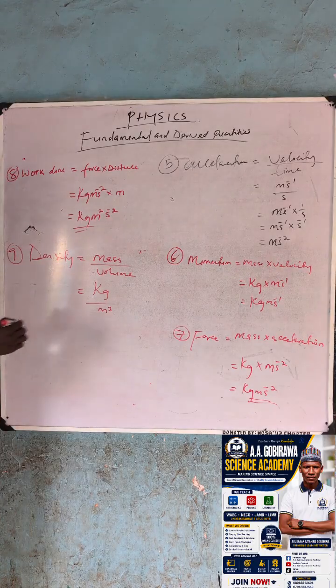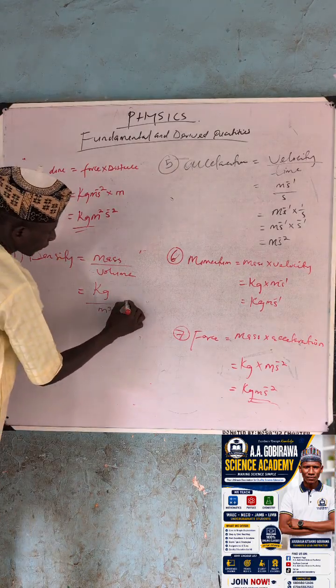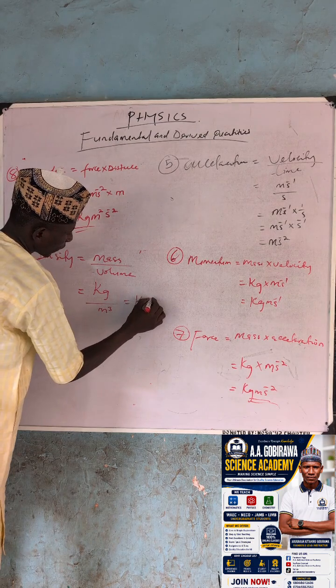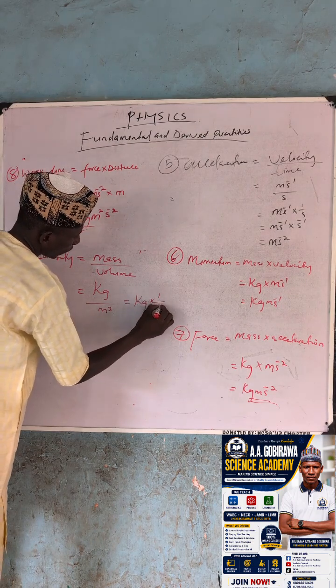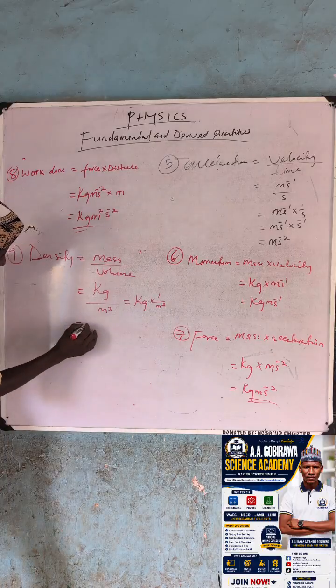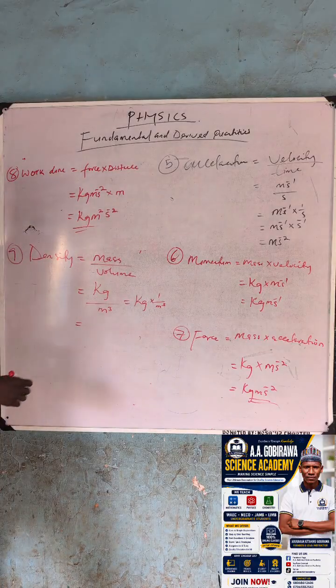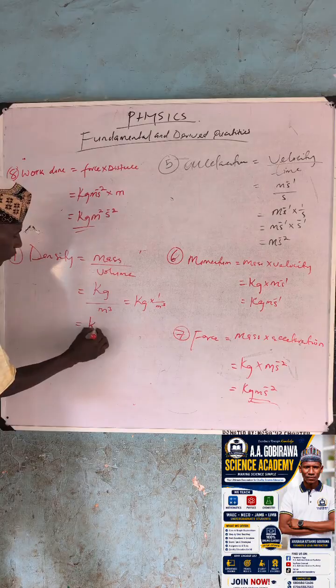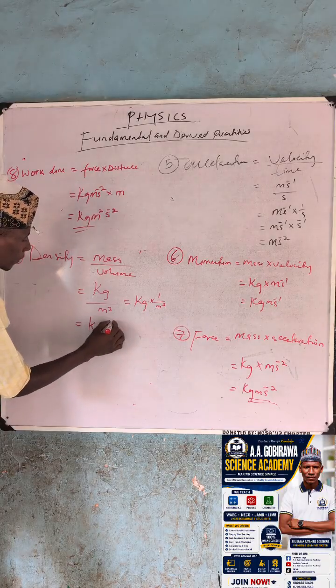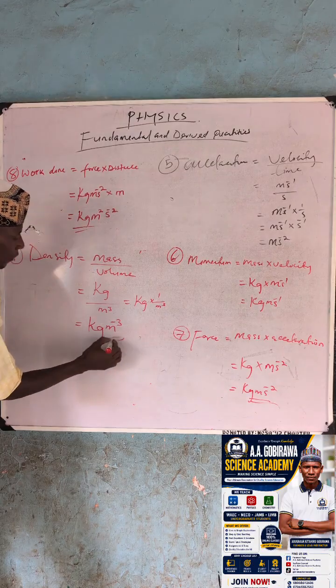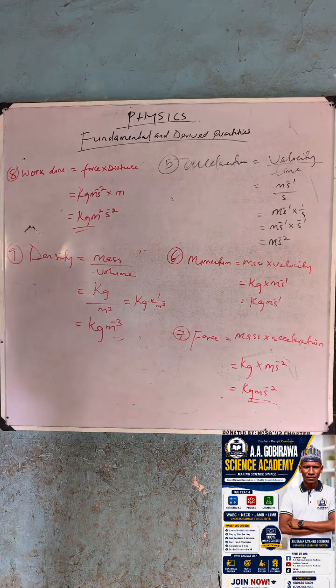This is kilogram times 1 all over meter cube. In reciprocal form it becomes kilogram per meter cube. This is our density.